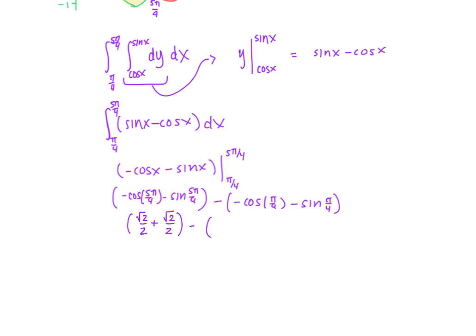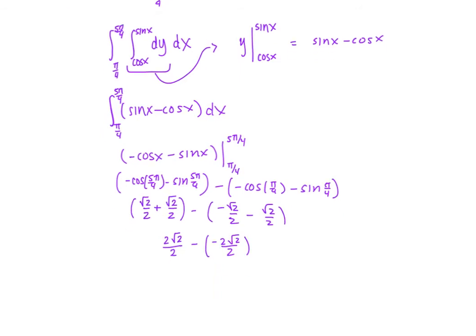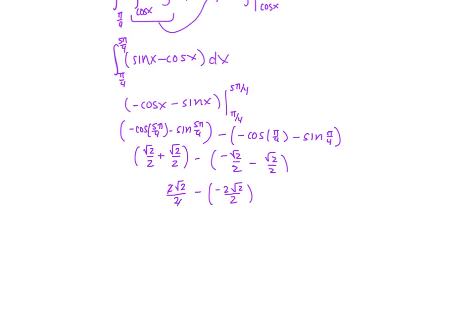Negative cosine of pi over 4 is negative root 2 over 2, and then minus root 2 over 2. And so now I've got 2 root 2 over 2 minus negative 2 root 2 over 2. The 2's cancel. So now I have root 2 plus root 2, which is 2 root 2.